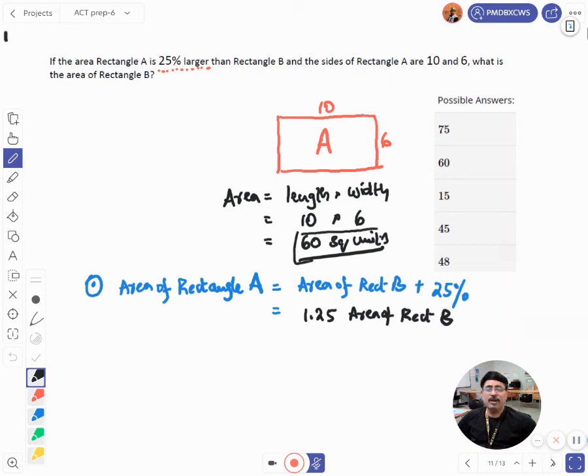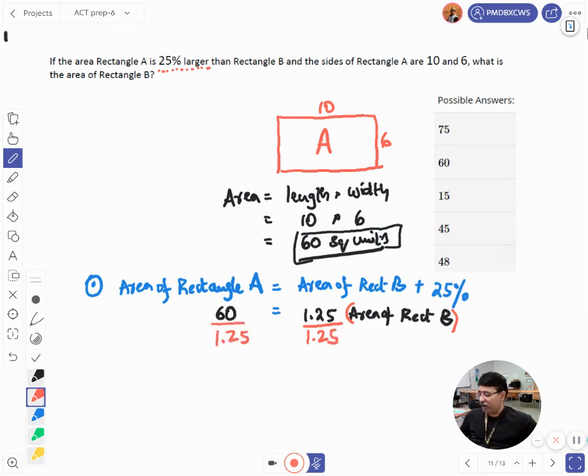Already we computed what is the area of rectangle A. Let me plug in here as 60 units. You know how to isolate a variable? 1.25 times means the inverse operation is division. Therefore, division by 1.25 on both sides.